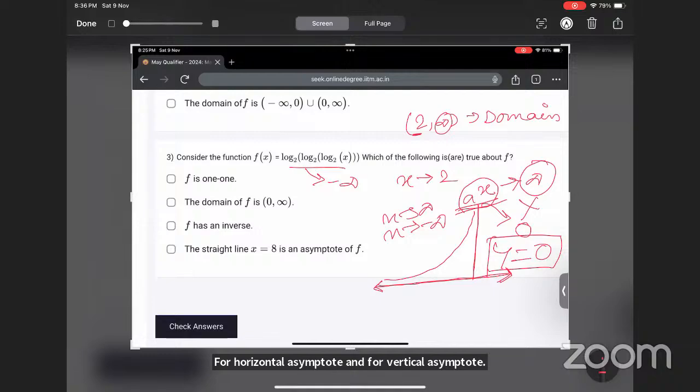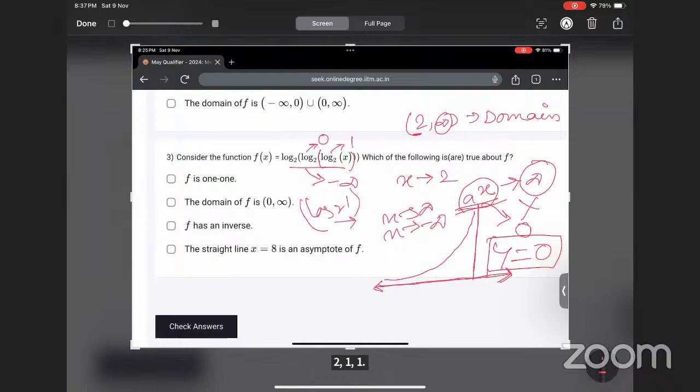Here we are taking log base 2 of x, with base greater than 1. So if I substitute x equal to 2, it becomes log base 2 of 2, which is 1. Then log 2 of 1 becomes 0, right?